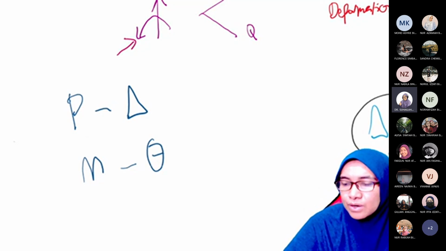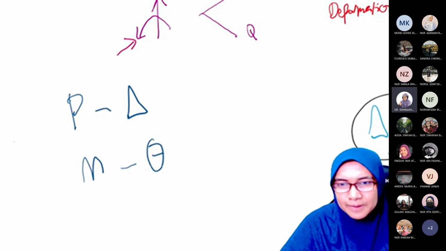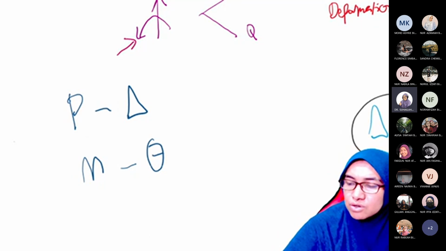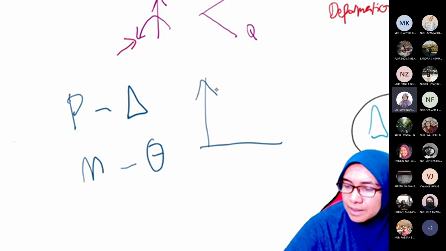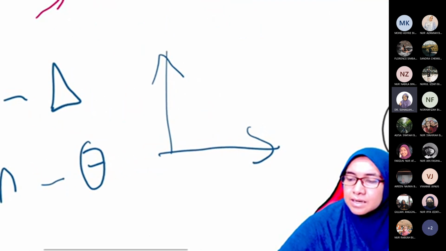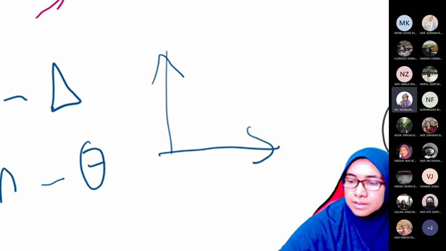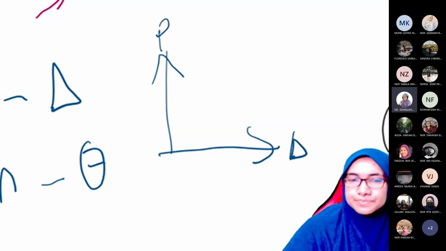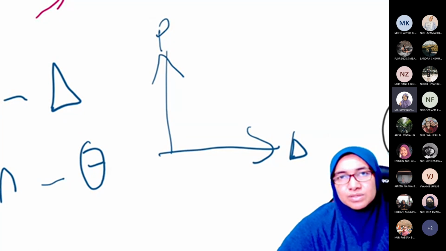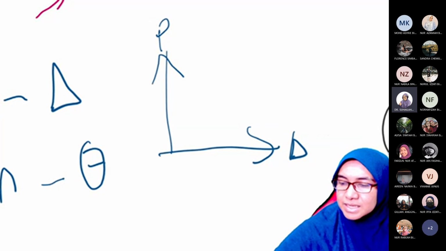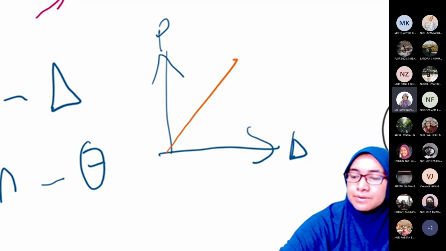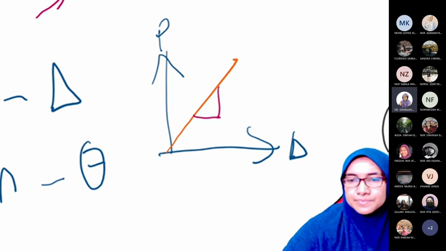We call it the P delta effect. The P delta concept is the same as what I explained in a previous video, I don't remember which class. This is the graph of P and delta. This is P, this is delta. For static analysis the graph looks like this. P, delta. And where is K? K is the gradient. So this is K.